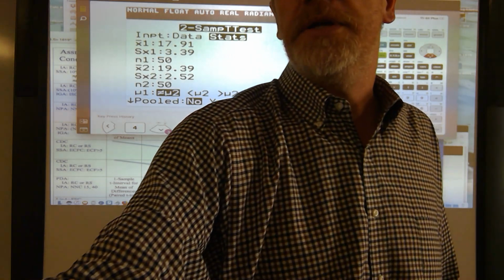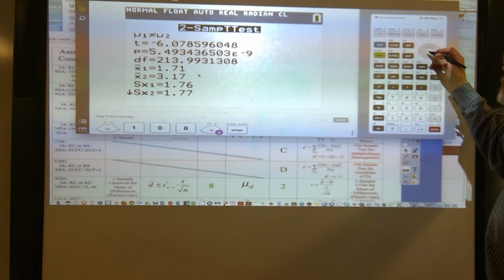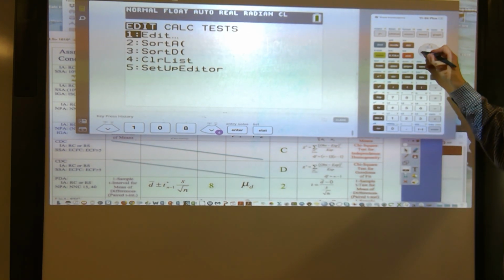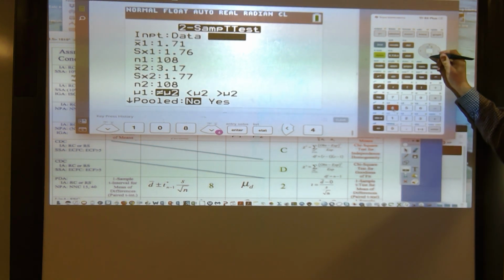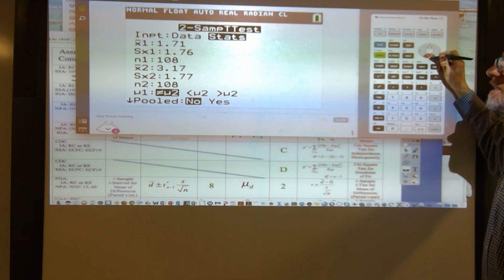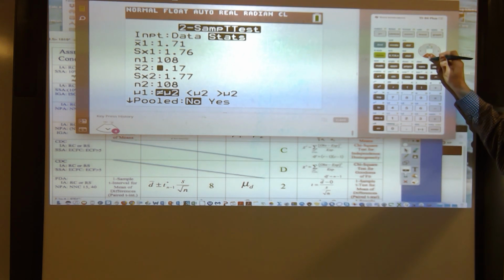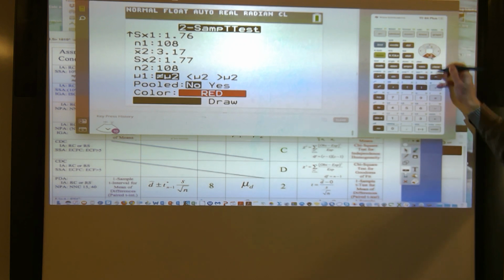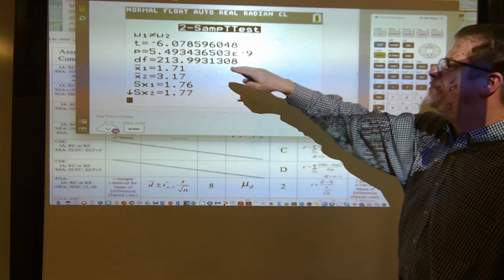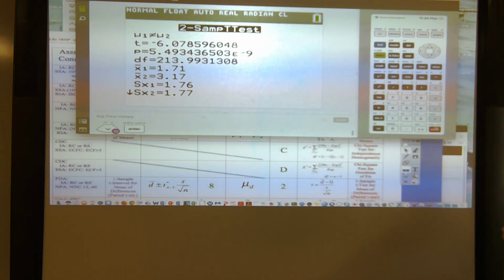I'm going to pause while we type it in. For those of you watching at home, the way that we typed in stat test 4 is: here's the sexual data up top, the neutral data there. We're not pooling. And when we hit calculate, we got a p-value of 5.49 times 10 to the negative 9. That is extremely tiny.